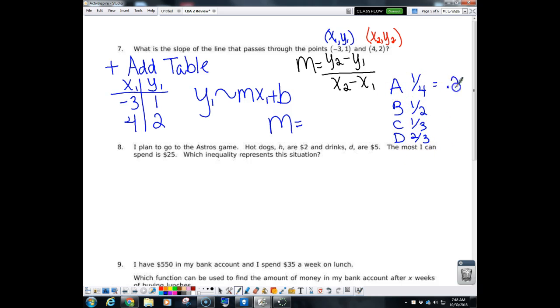So this one would be 0.25, this would be 0.5, this would be 0.333 repeating, this one would be 0.666 repeating. Then you would see which one matches your slope. I know these are not the right answers, but I'm giving you an example of what you would have to do, okay?